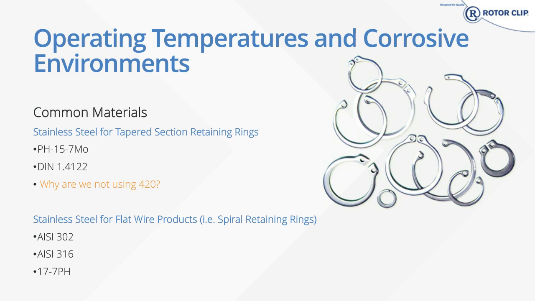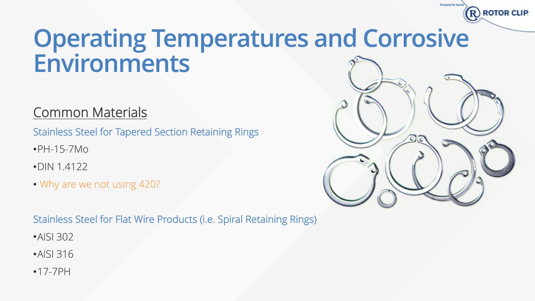Above this temperature, precipitants come out of solution, and you'll see a degradation in the performance of your ring. You may even see catastrophic failure of your application. We also offer DIN 1.4122 stainless, with similar temperature ranges.